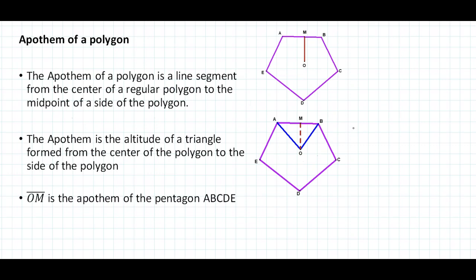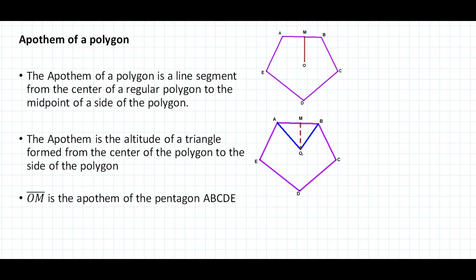So let's now examine what an apothem is. An apothem of the polygon is a line segment from one of the sides of the polygon to the center of the polygon. So this is your apothem. OM is your apothem here.